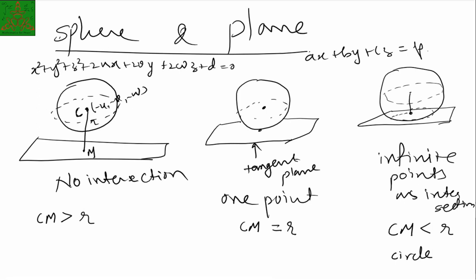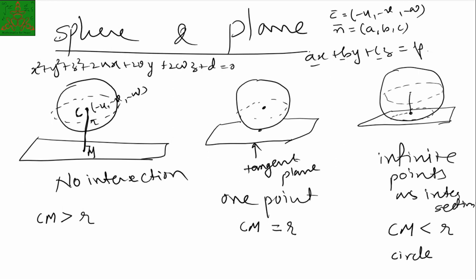Using the formula, how do we get this CM? The center of the sphere is C bar, which is (minus u, minus v, minus w), and n bar is the normal to the plane, which is why I have drawn a perpendicular; CM is in the direction of the normal. The normal of the plane is (a, b, c), and the constant is minus p.